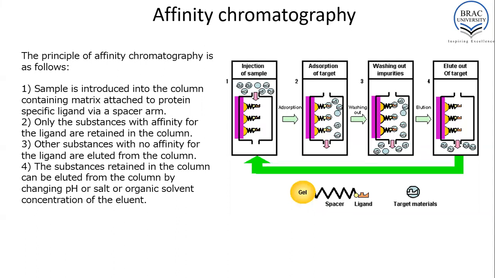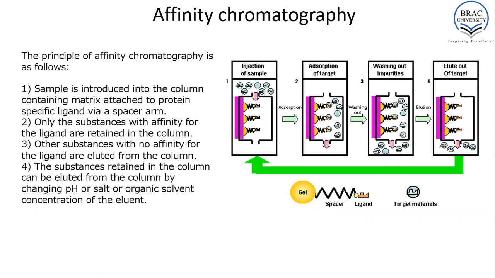Next is affinity chromatography. The principle of affinity chromatography is that the sample is introduced into the column containing the matrix attached to a protein-specific ligand via a spacer arm. That is, the stationary phase has a ligand that has a specific affinity to the protein of interest.